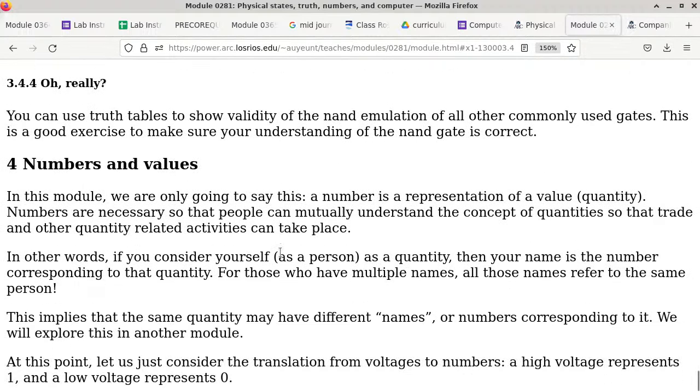So we are now moving on to section 4, which is going to help us transition to what today's real topic is about: numbers and values. What is a number and what is a value? Aren't those two things really the same thing? So I'm going to hold my hand up and you think about the quantity. Don't say what it is, just think about it. Okay?